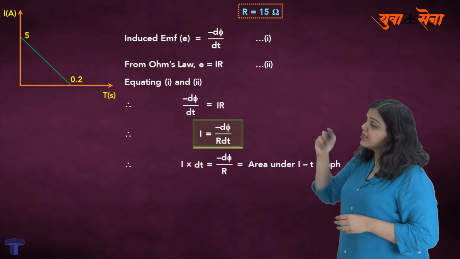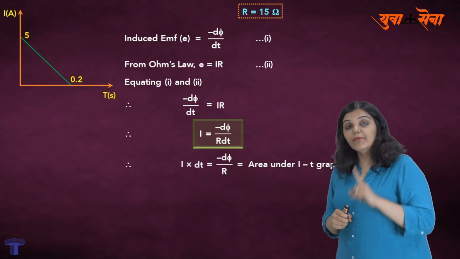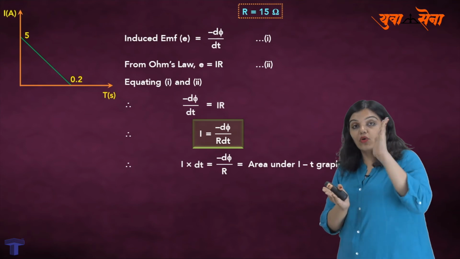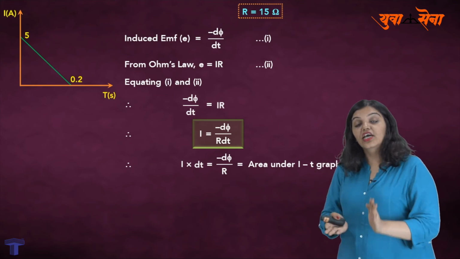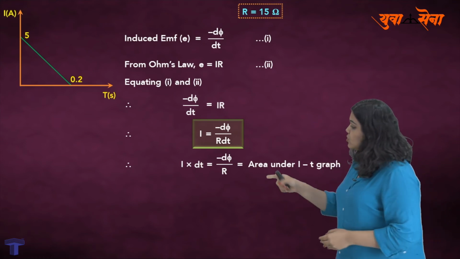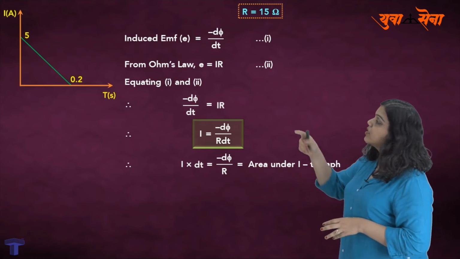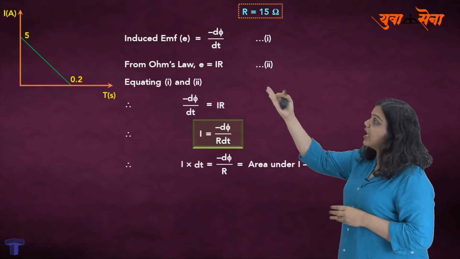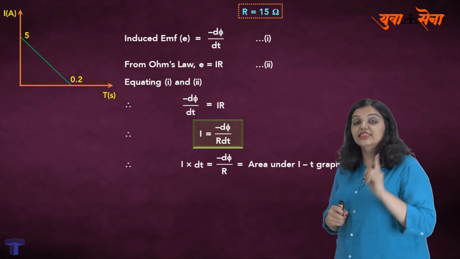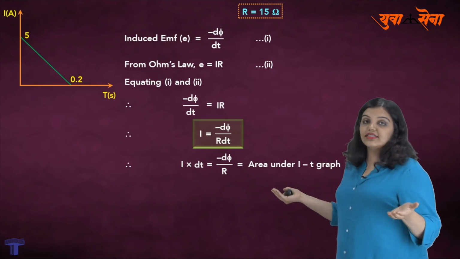I dt is nothing but the area under the graph. Now remember, whenever you want to find the product of two quantities which are on the y and x axis of any graph, the product will be given by the area under the graph. So now you can see that I dt is going to be given by the area under the graph where we have current versus time. Once you recognize that I dt is given by the area under the graph, the rest is simple.